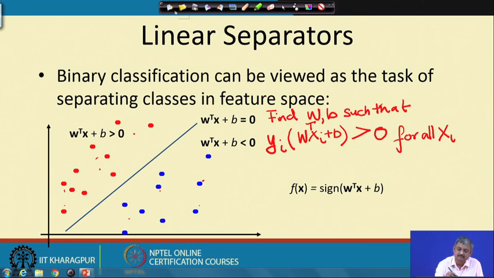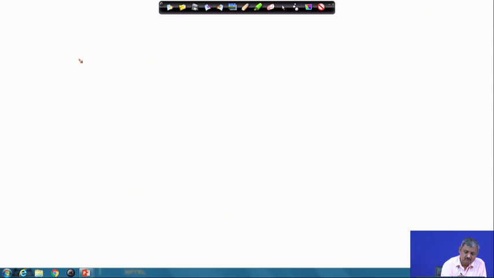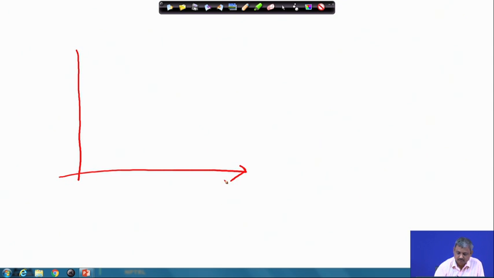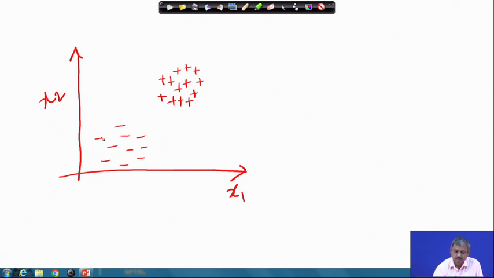Let me see what this means actually. Let me draw the picture again and tell you. W is the weight vector, x is the data vector.